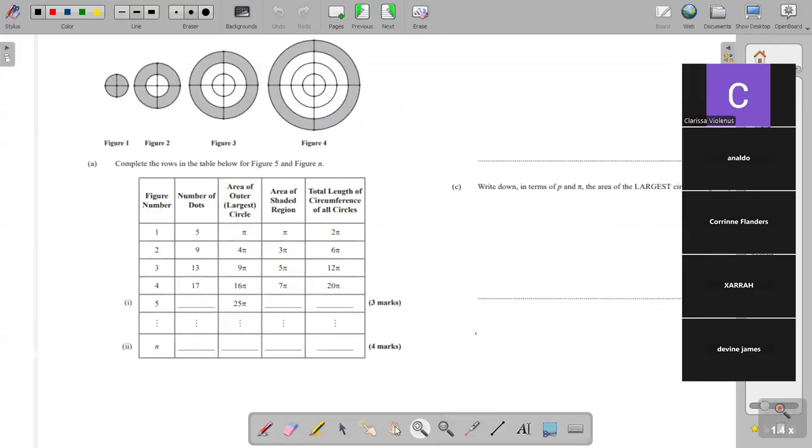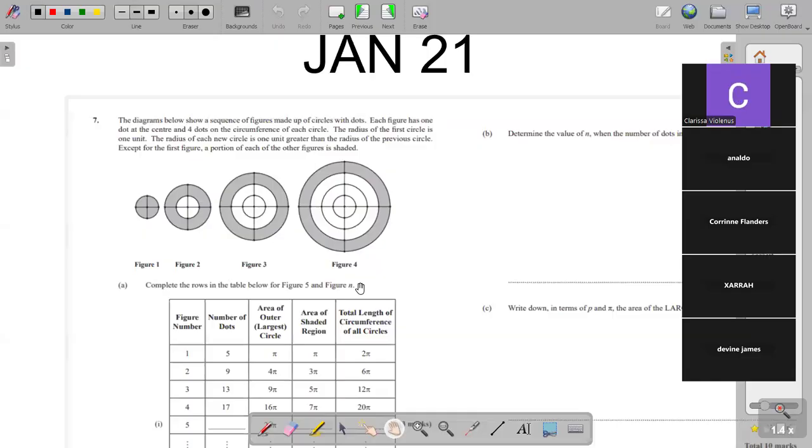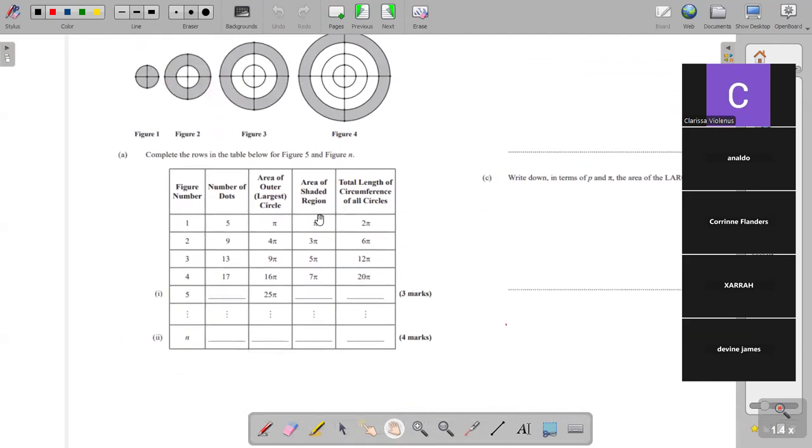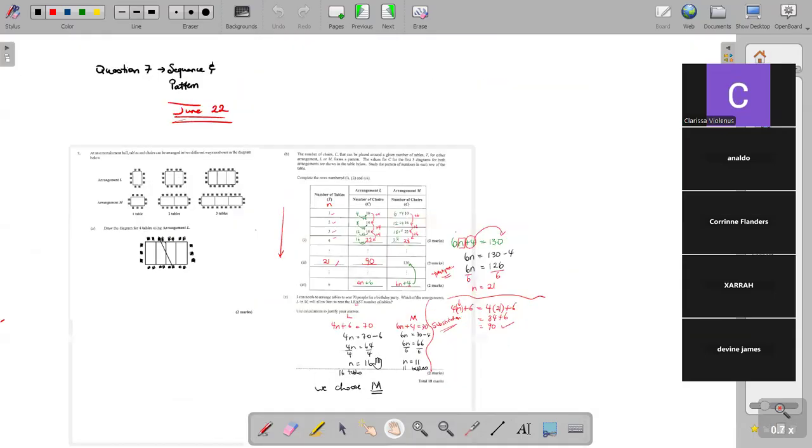So let's look. This one you don't have to draw. They just want you to complete the tables. Does this table look like the table we've been doing all the time? Let's look at the two examples.